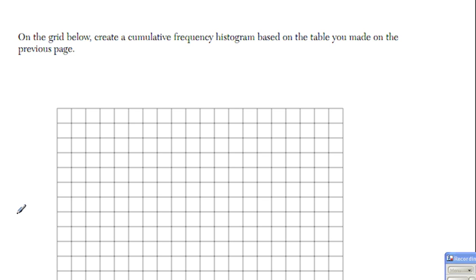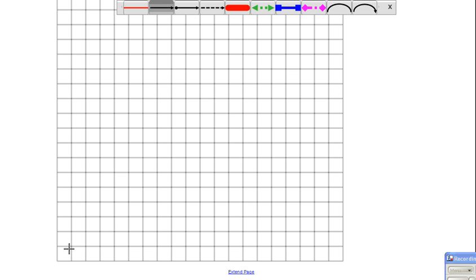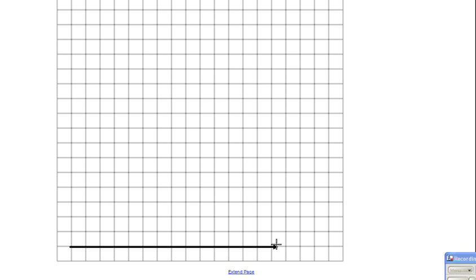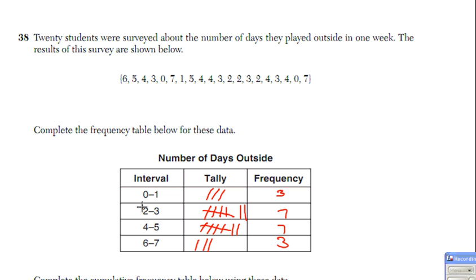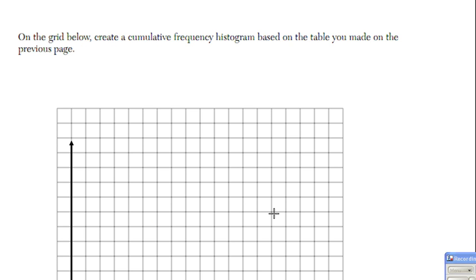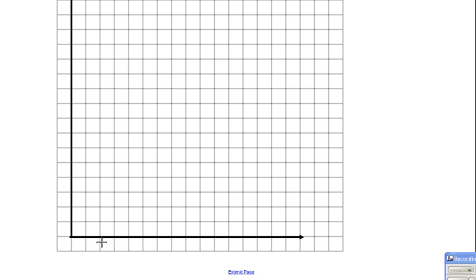Excuse me. The histogram now. So what we like to do here becomes 0 to 1, we have 3.